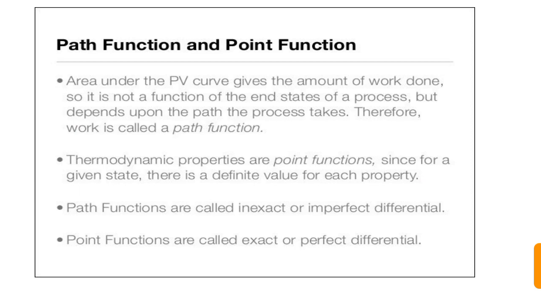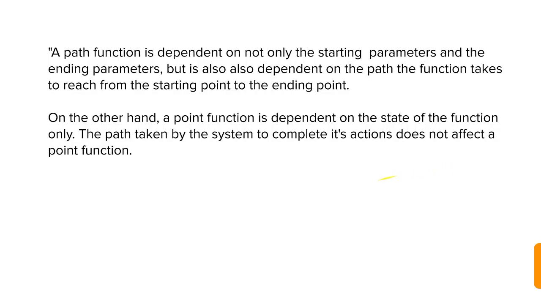Thermodynamic properties are point functions, since for a given state there is a definite value for each property. Path functions are called inexact or imperfect differentials. Point functions are called exact or perfect differentials, as I already told you.